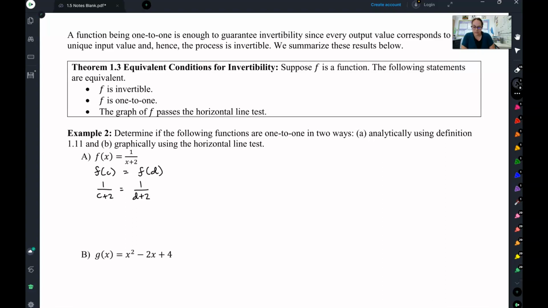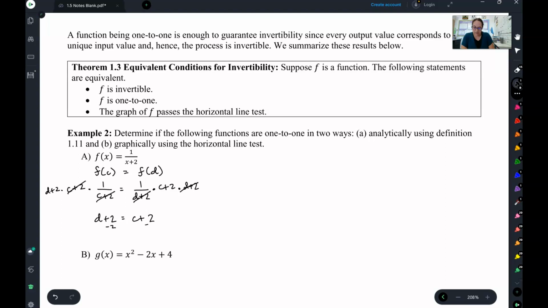So first thing I'm going to do, times by c plus 2 to get that out of the denominator, and times by d plus 2 to get that out of the denominator. So I have d plus 2 equals c plus 2.